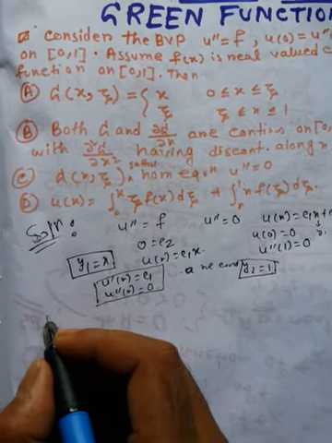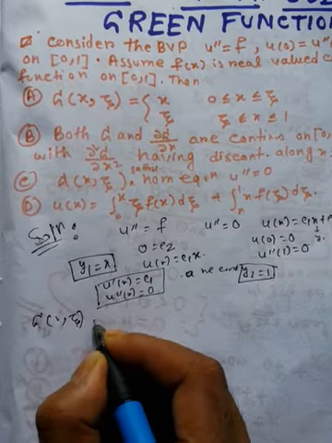Now what is the Green's function for the boundary value problem?